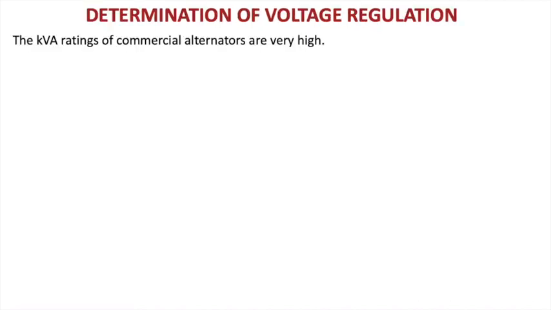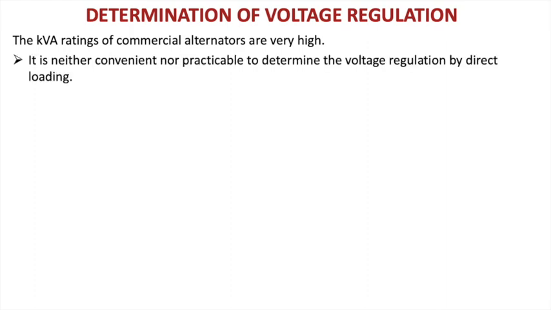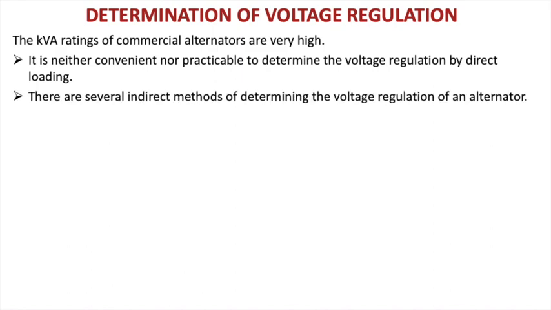So how do we determine it? Because the kVA rating of commercial alternators is very high, we can't load it physically, nor is it practicable to determine the voltage regulation by direct loading of the alternators or the synchronous generators. Therefore, there are several indirect methods.